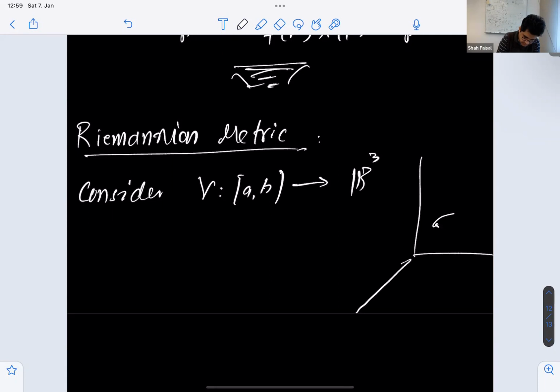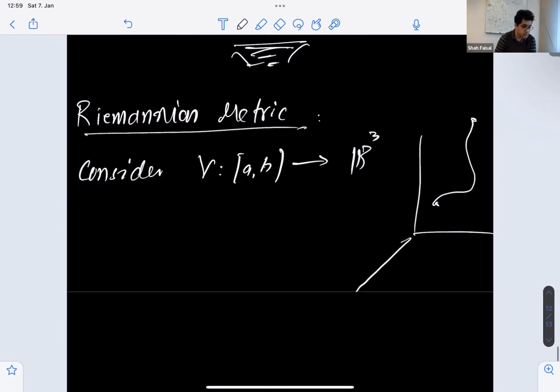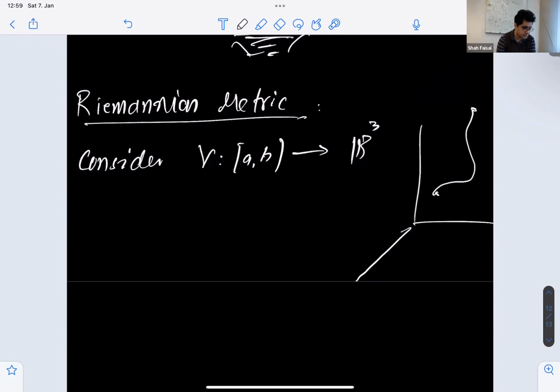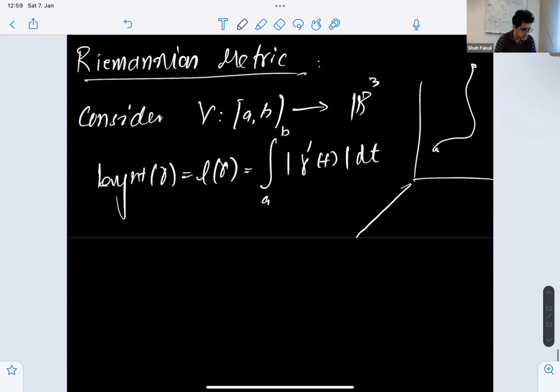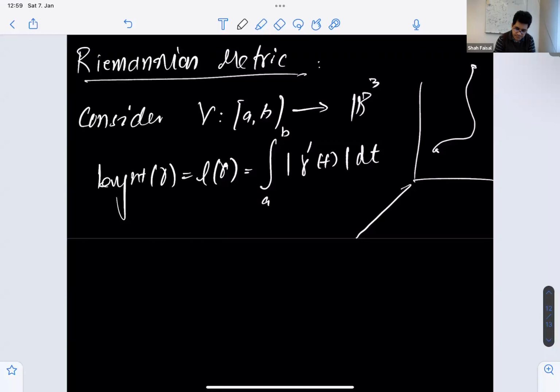You know how to define its length. The length of gamma, which I call L of gamma, is basically the integral from a to b of the absolute value of the derivative of gamma. That's basically what you have learned in your calculus 3, maybe vector analysis course.